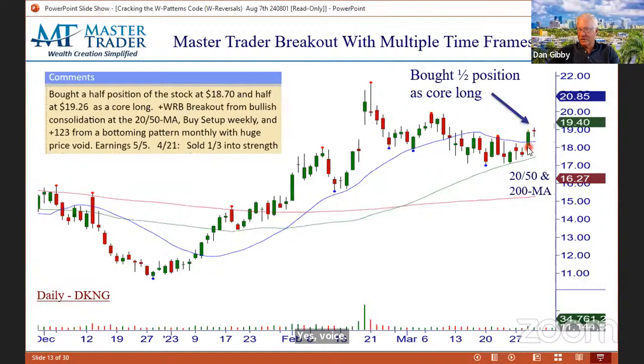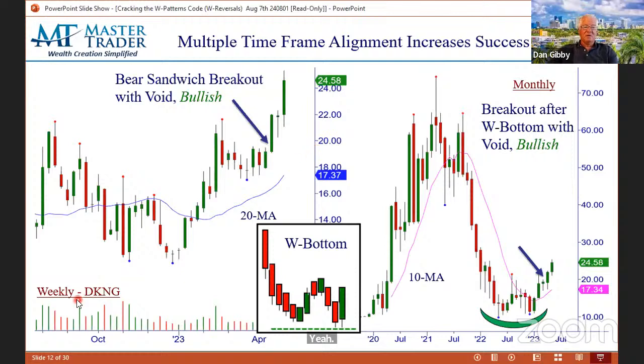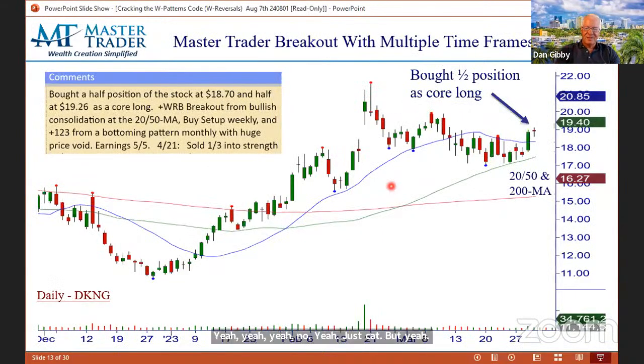Could I swing this just as a swing trade, as a multi-week turn at the 50 with a closing breakout and a 1, 2, 3? Absolutely. So it's totally up to you. If you say, wow, the weekly and monthly are fantastic entries too, I might swing half and hold half for a longer term trade.